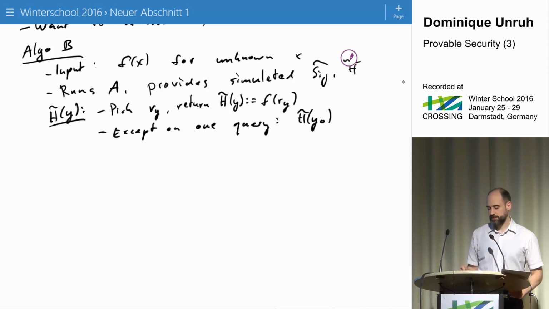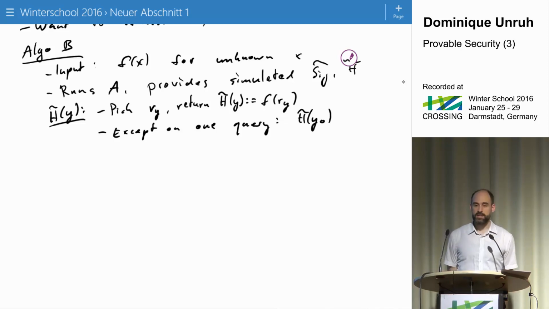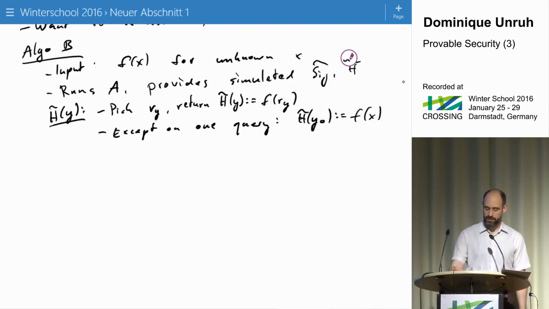Except the algorithm B picks randomly one query in which he does things differently, namely at some point when he's queried on some input, say y0, he just returns f of x instead of f of ry. And this is a very different thing.